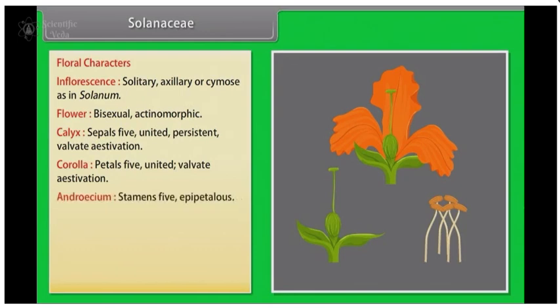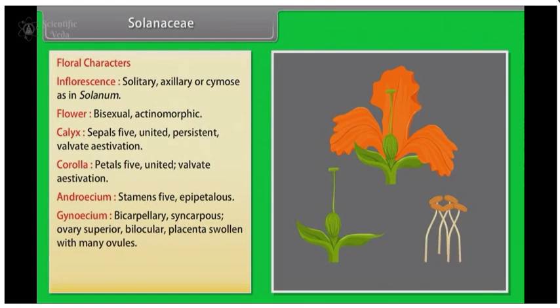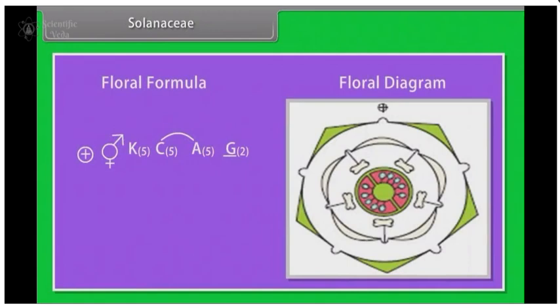Androecium, stamens 5, epipetalous. Gynoecium, bicarpellary, syncarpous, ovary superior, bilocular, placenta swollen with many ovules. Fruit, berry or capsule. Seeds many, endospermous. Floral formula is shown, and this is the floral diagram.